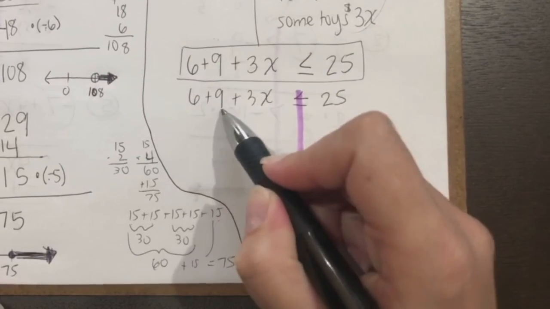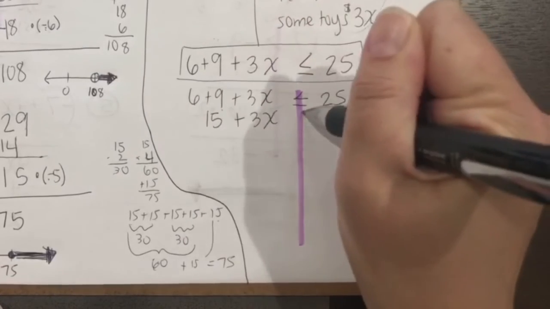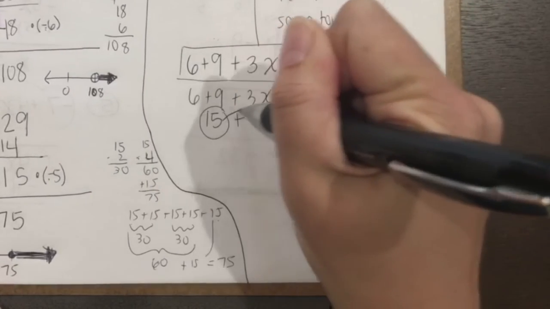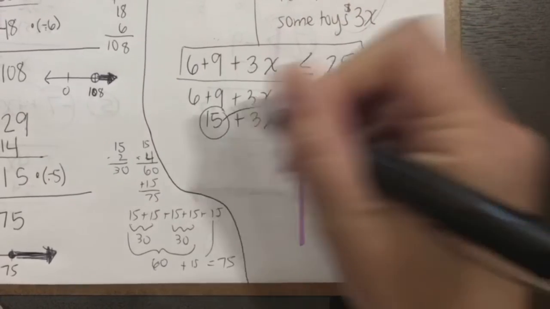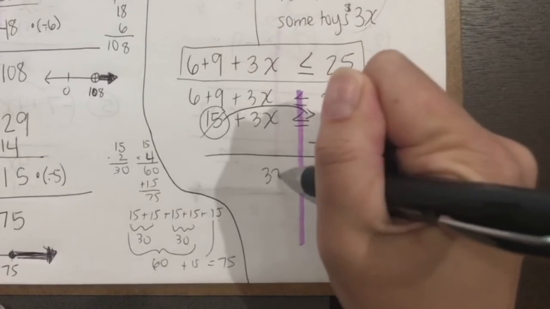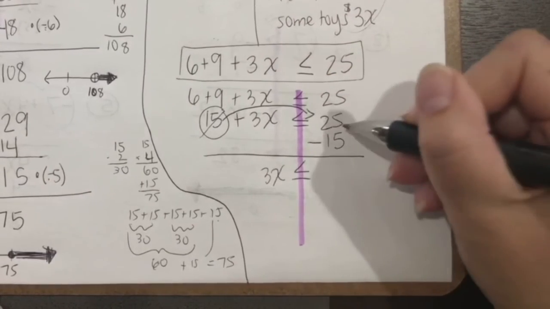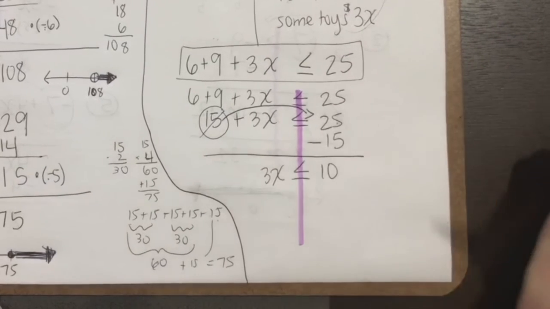6 plus 9 is 15 plus 3x less than or equal to 25. So now let's take that 15, we'll flip it to the other side. It becomes negative 15 and it's gone. So now I have just 3 x's on this side, still less than or equal to 25 minus 15 is 10.